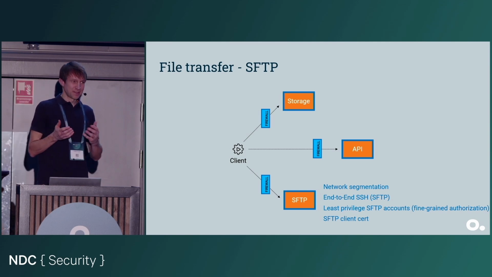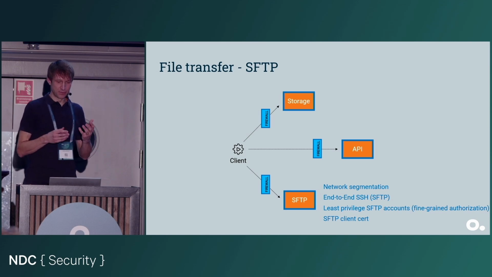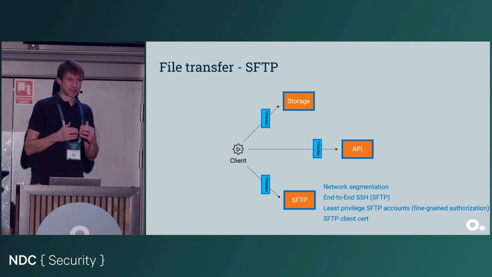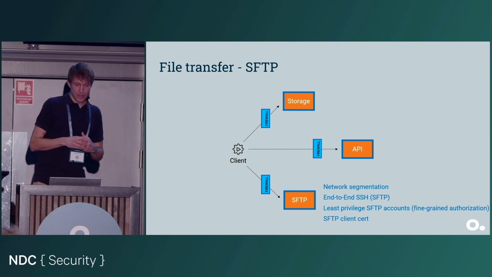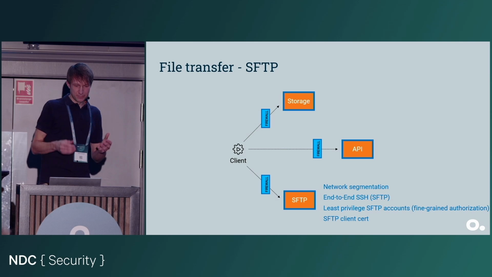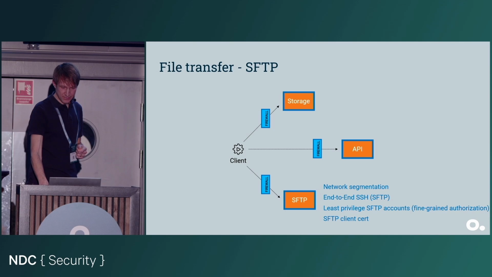We need to think in the same way here with the network protection and using good quality SFTP, and having, of course, the least privilege configuration for the accounts that we use, and also using the client certificate authentication method, even if it supports username and password. So with that, we get the same level of security here, and we can feel confident that there's no weak way into our sensitive data.